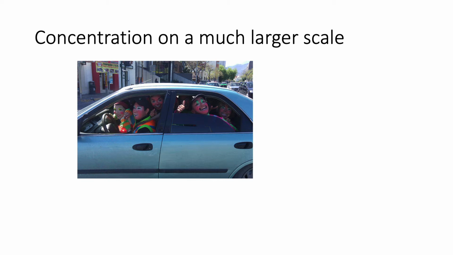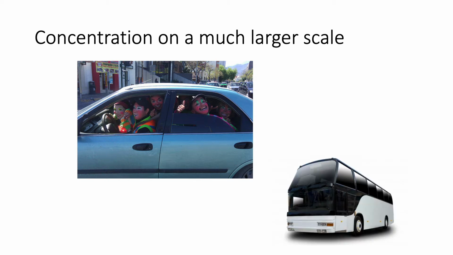Now, imagine what would happen if those clowns got out of the Honda Civic and got onto a tour bus. Suddenly, they're not so concentrated anymore. This is an example that I'm going to come back to in the next video, so just keep it in mind. Basically, when the clowns are in the Honda Civic, they're right up next to each other.